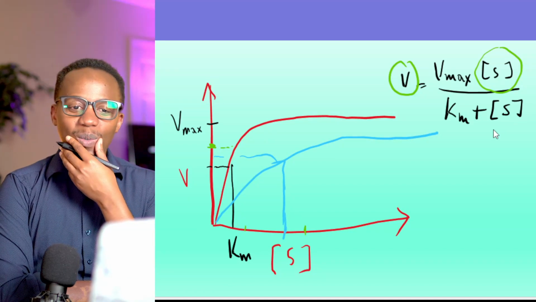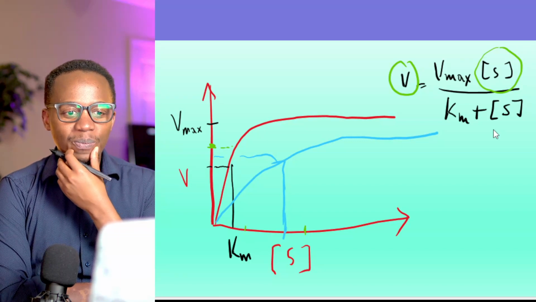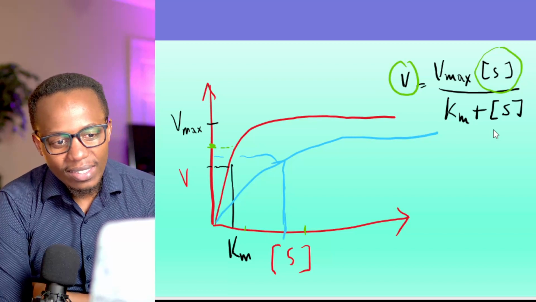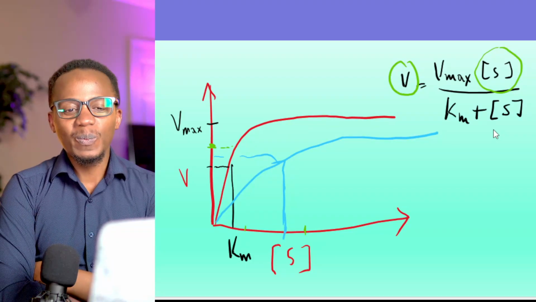I'm trying to find a trick question. Oh yes, what is V when S is equal to Km?